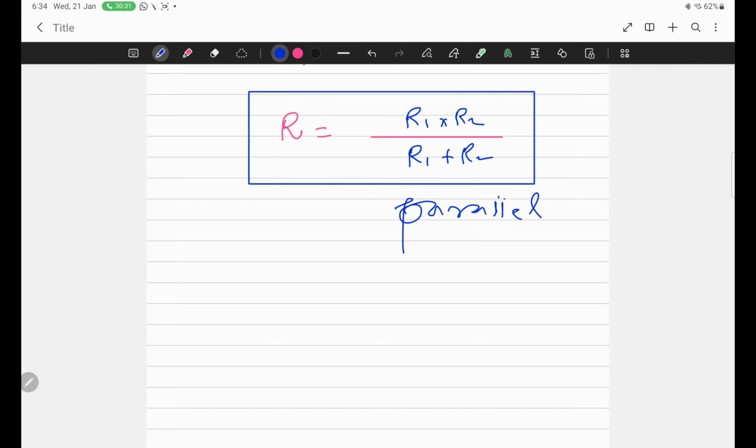And in your exam, you are given only two resistors. When you solve the paper, you will see. You will be given two resistors in series or two resistors in parallel.